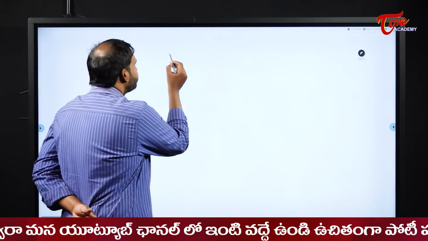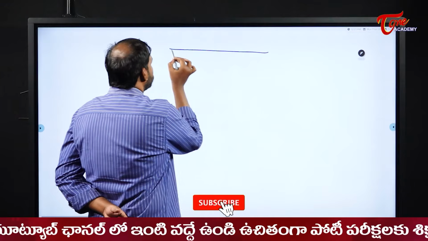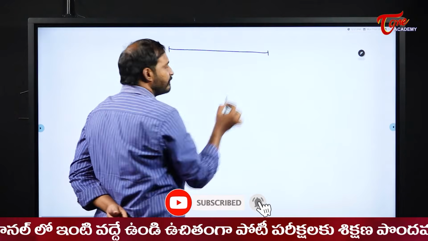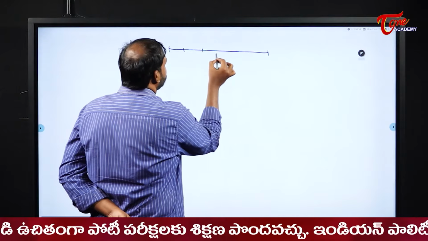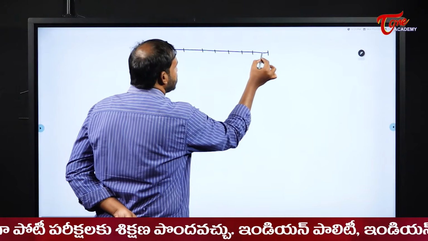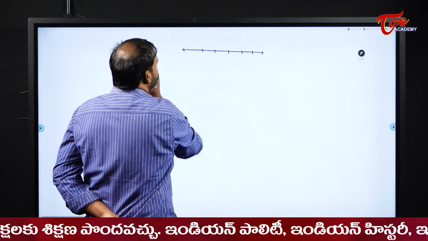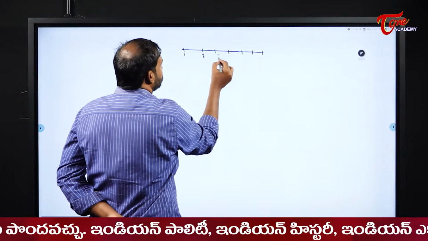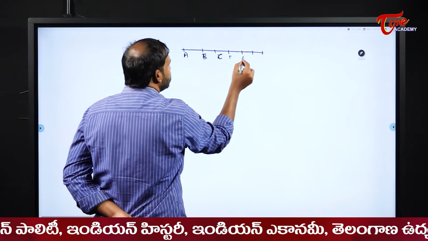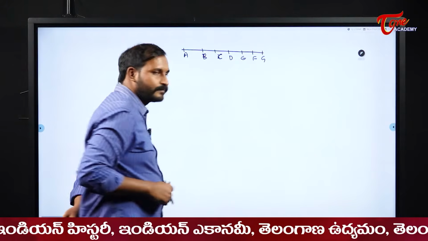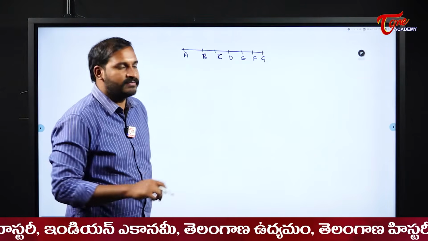For example, in a row, assume that there are 7 people seated: 1, 2, 3, 4, 5, 6 and 7. A total of 7 people are seated here. Take them as A, B, C, D, E, F, G. Now please observe here, students.